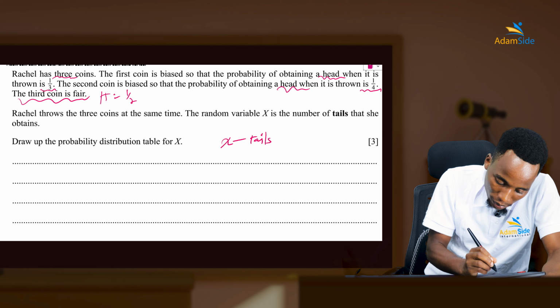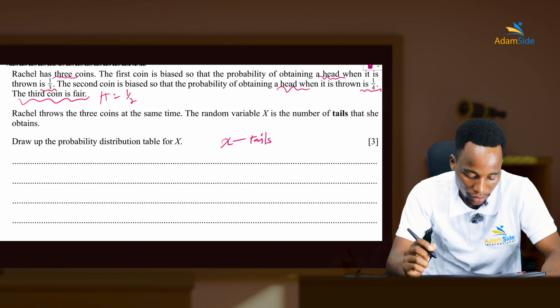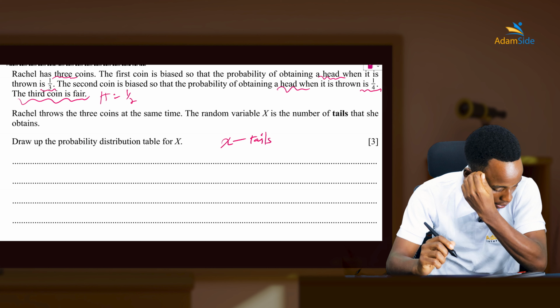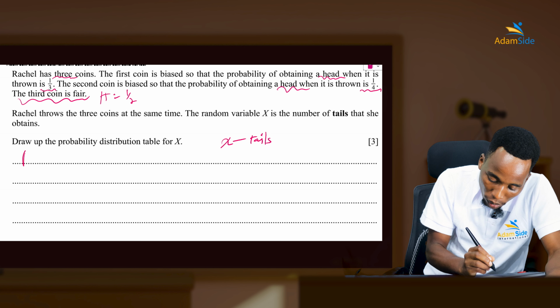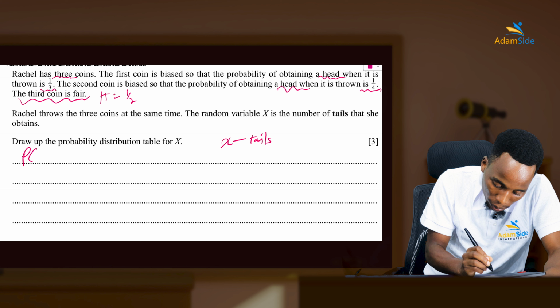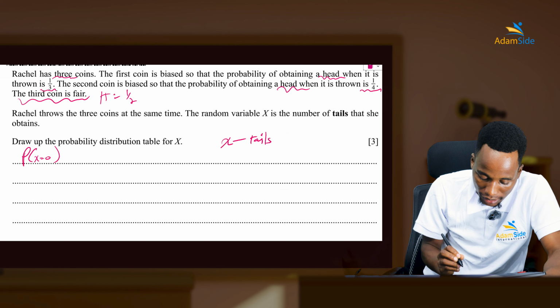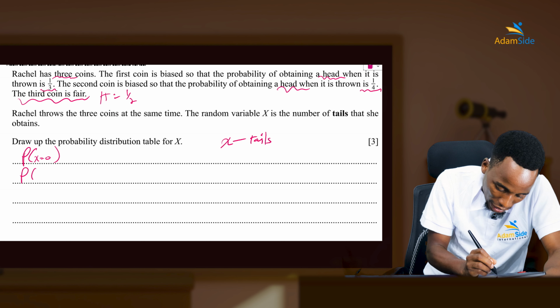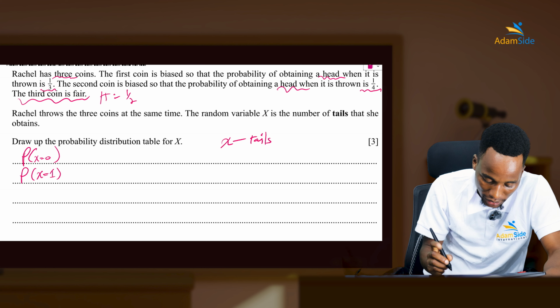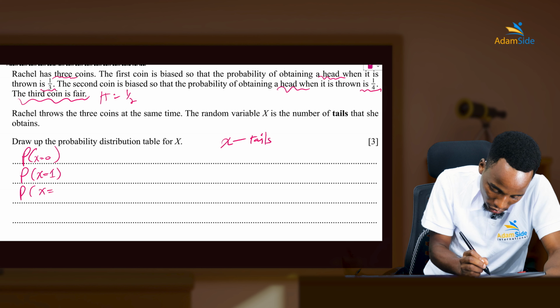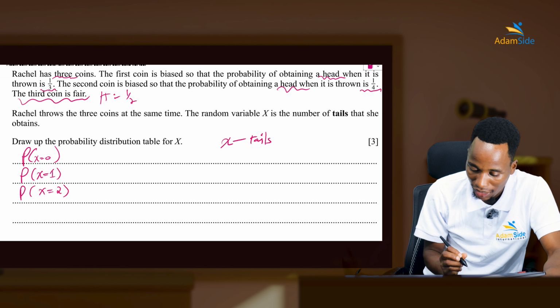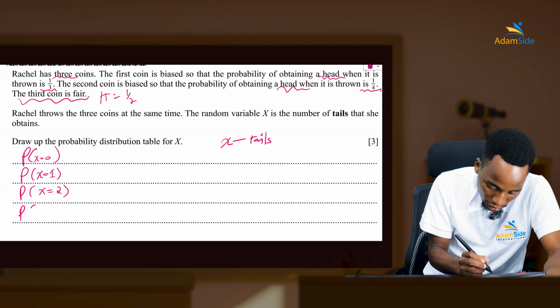Since we know 3 coins will be thrown, we'll be having 3 trials. So we'll be having X equals 0, meaning there will be exactly 0 tails, and then we'll find P of X equals 1, meaning exactly 1 tail, P of X equals 2, meaning exactly 2 tails, and P of X equals 3, meaning exactly 3 tails.